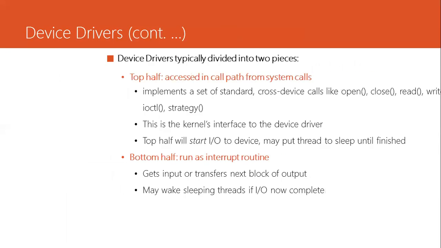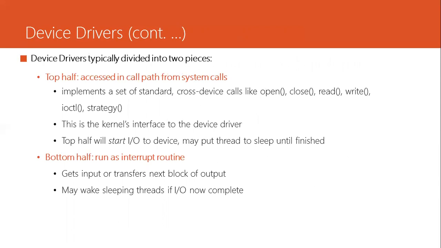A device driver has two parts to it, basically the top and bottom half. The top half is the part that interacts with the kernel, and it implements a standard set of interfaces that look a lot like system calls, like open, close, read, write, ioctl, strategy, etc. Some of these are not things that you give to the user directly, but they are mostly standard interfaces.